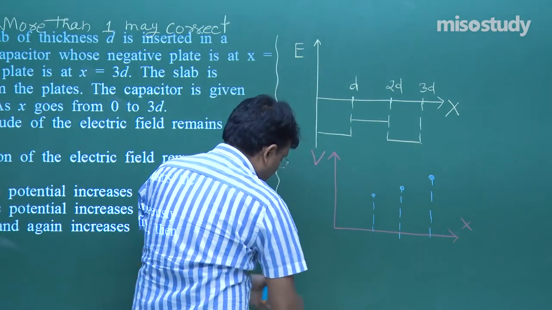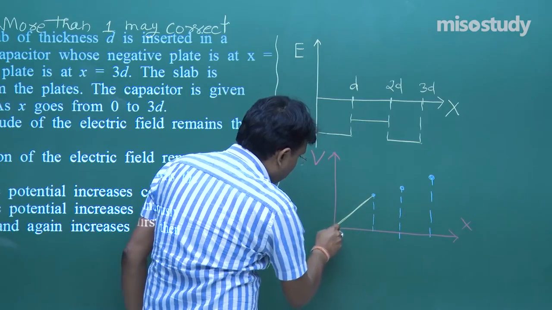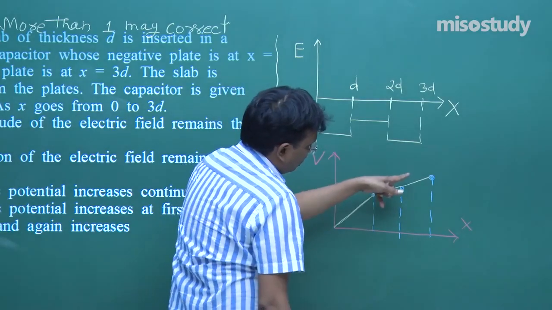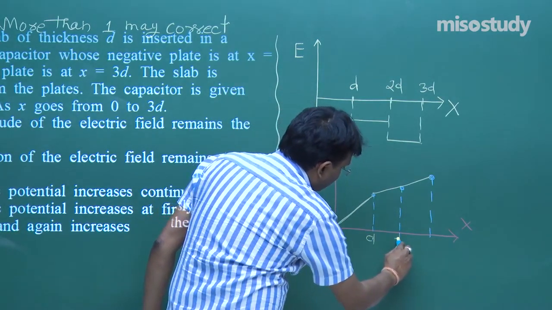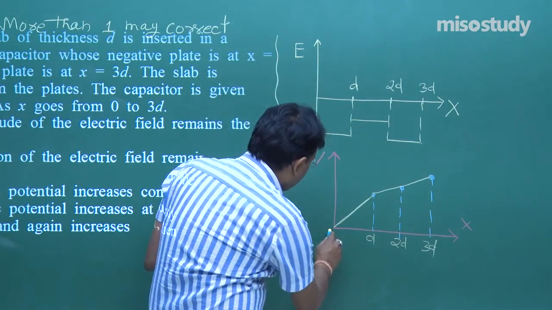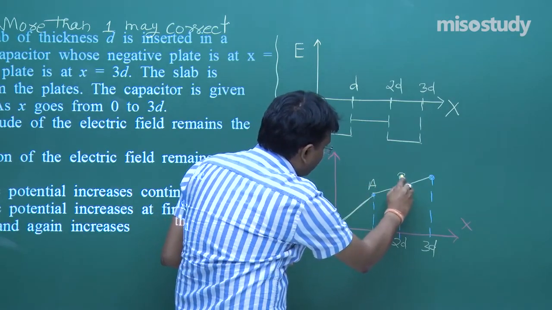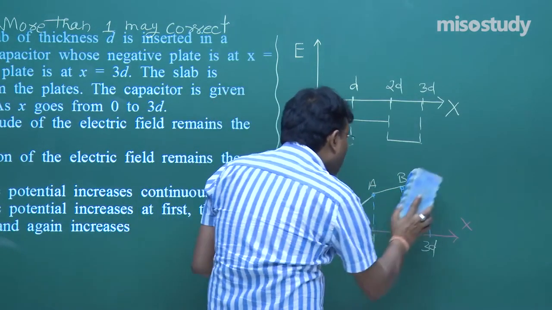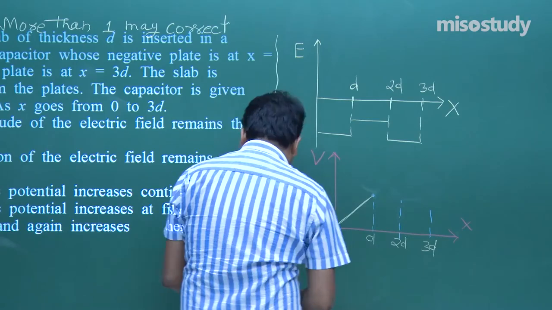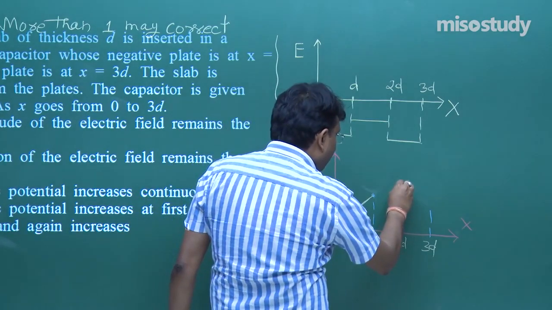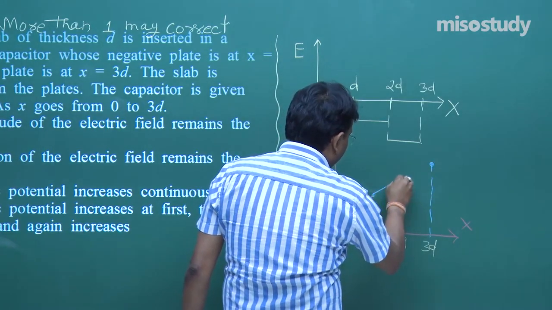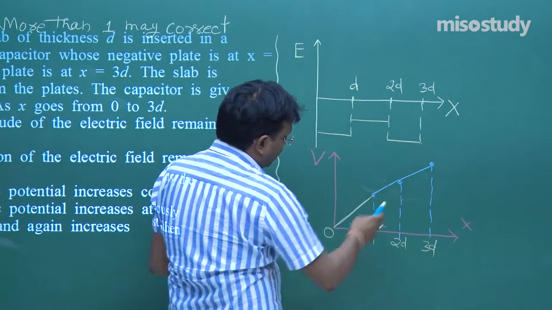If you just match these lines, you can say it is enhancing, fine. So it is D, it is 2D, it is 3D. Now it is O, it is A, it is B. Actually, this diagram is slightly in this fashion. Let us say this way, and then slightly enhancement. So this is the way of enhancing, fine.